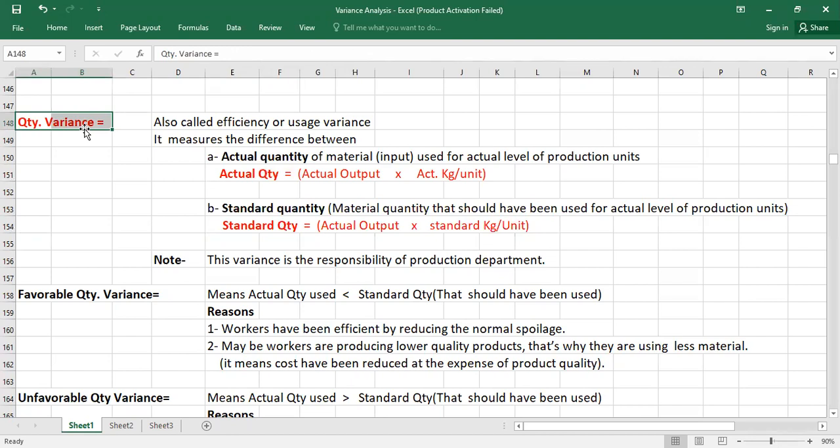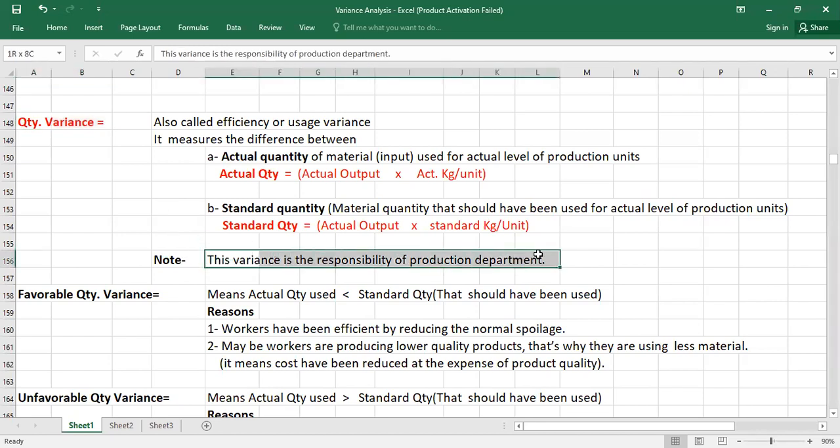But if they buy material with high quality, it could result in favorable quantity variance because wastage will be less. So sometimes we can connect the quantity variance with the price as well. Usually, the quantity variance is the responsibility of the production department, and the price variance is the responsibility of the purchasing department.